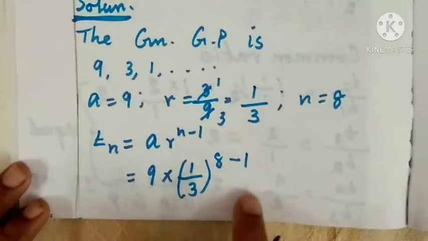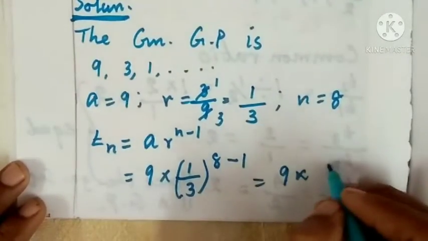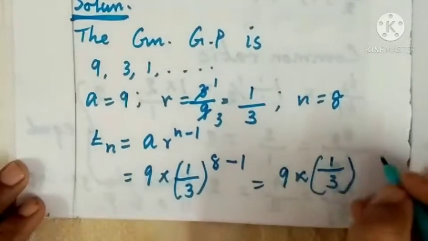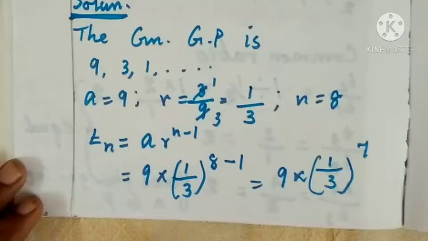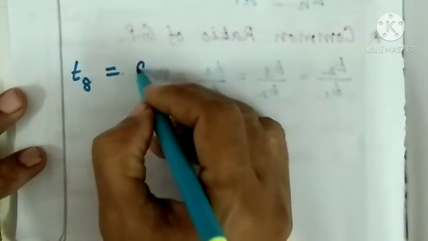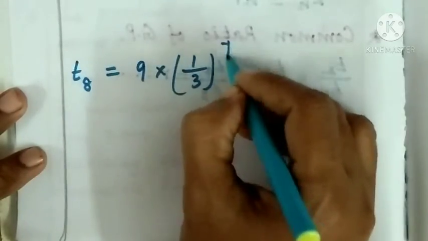Now you have to simplify this, means we get 9 into 1 by 3 the whole power 8 minus 1 is 7. That is T8 is equal to 9 into 1 by 3 the whole power 7.